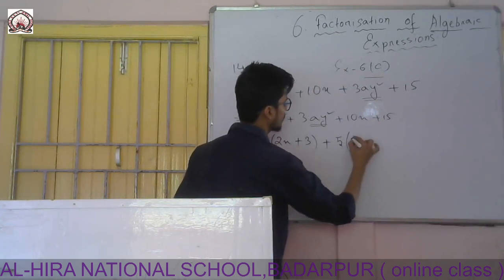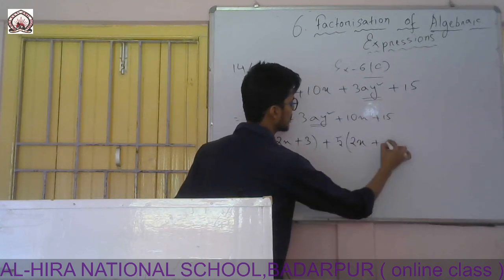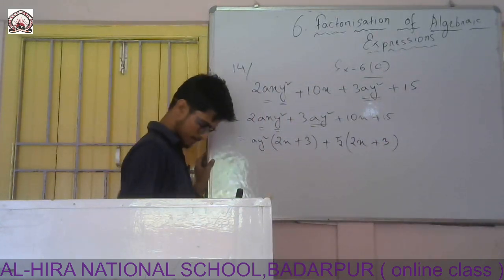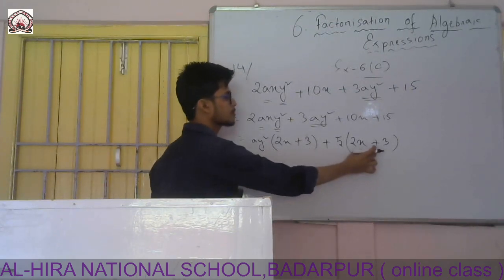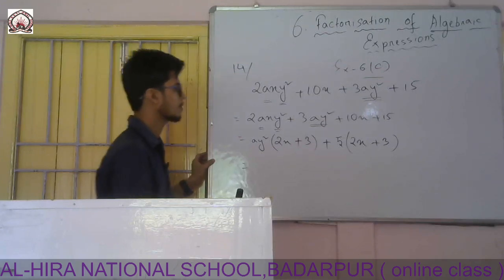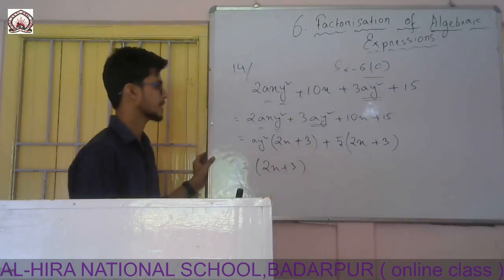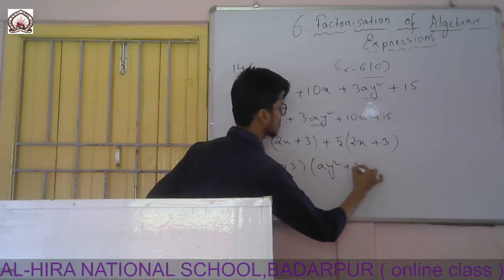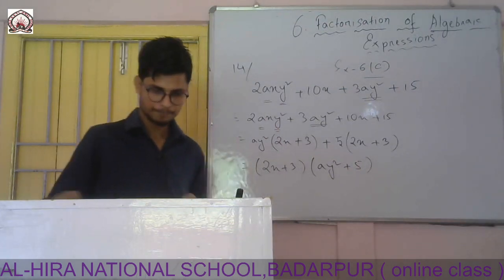After taking 5, only 2x is left, 5 twos are 10, 10x plus 5 threes are 15. So you see 2x plus 3, and there is also 2x plus 3, both of them are common. So I will take out 2x plus 3. After taking 2x plus 3, a y square and plus 5 are left. So these are the factors of question number 14.